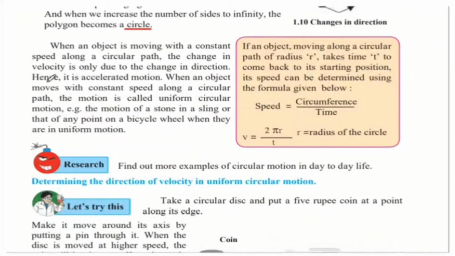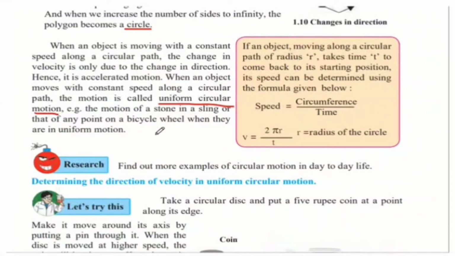When an object moves with a constant speed along a circular path, the motion is called uniform circular motion. Examples of such motion are the motion of a stone in a sling or that of any point on a bicycle wheel when they are in uniform motion.